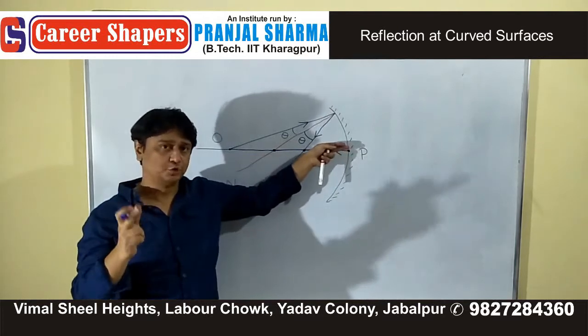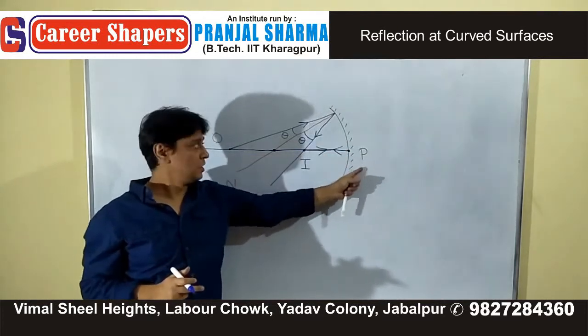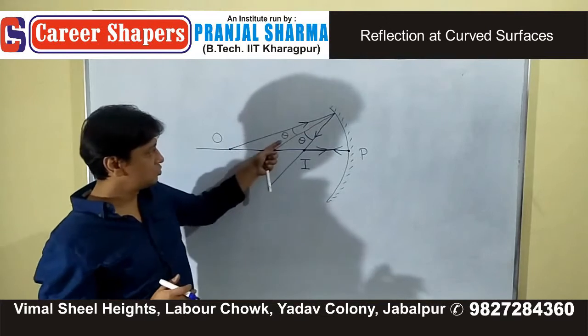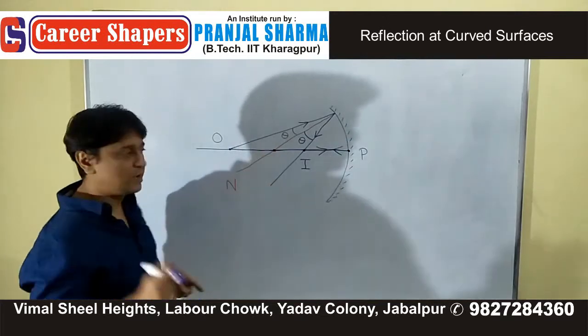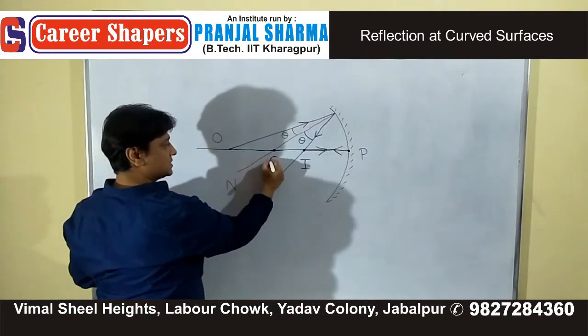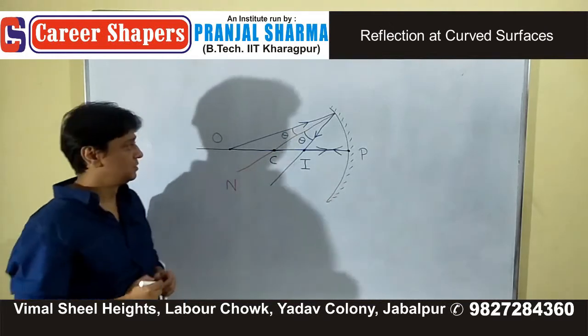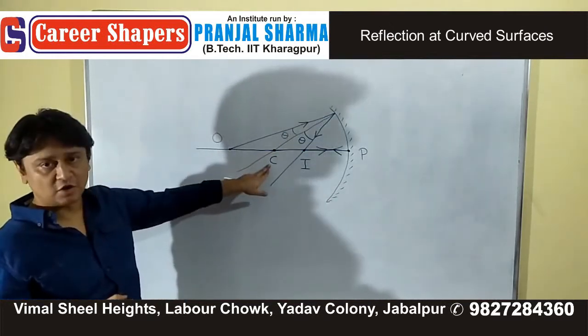A normal which you draw at the pole. For a spherical mirror, two normals always meet at the center of curvature. This is the center of curvature.